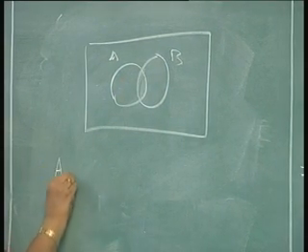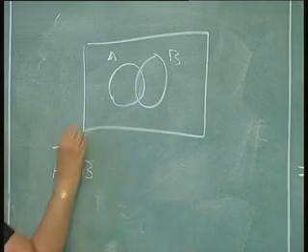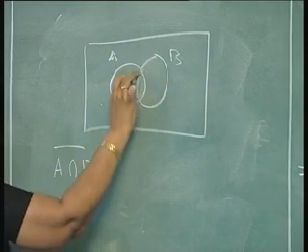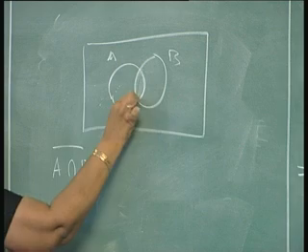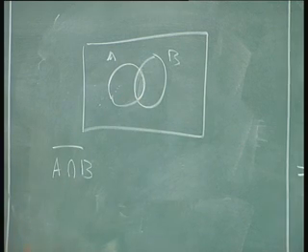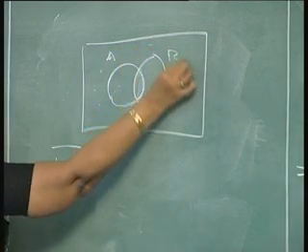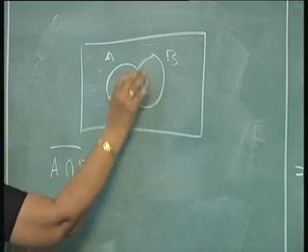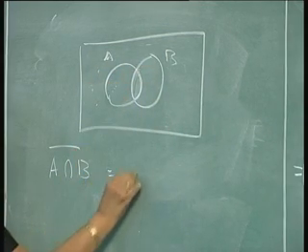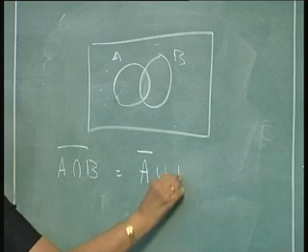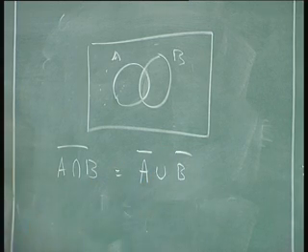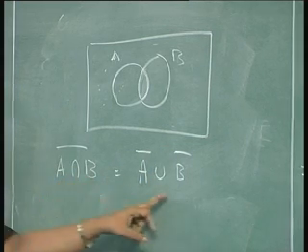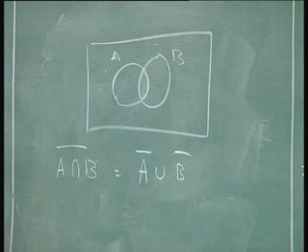So, A intersection B complement is the whole set except this portion, okay, and A complement is the whole portion except A, and B complement is the whole portion except B, and you can very easily see that this is A bar union B bar. So, when you take the complement, intersection becomes union, union becomes intersection.